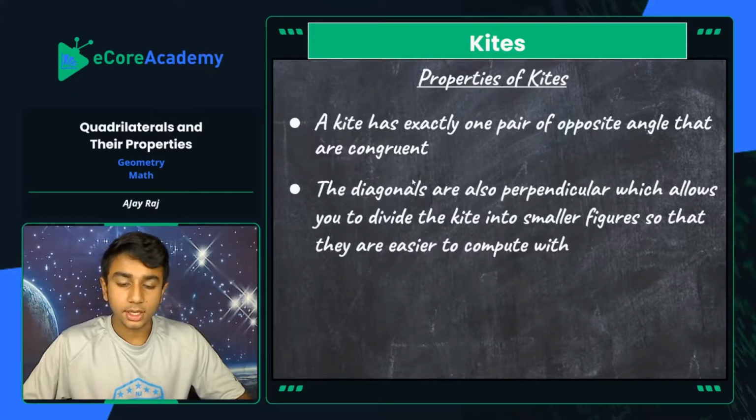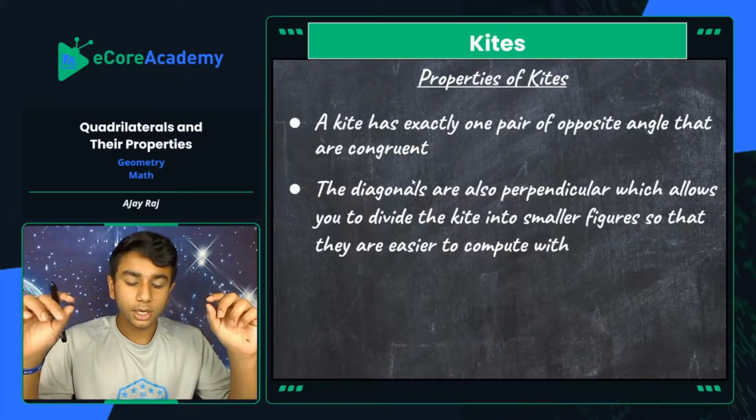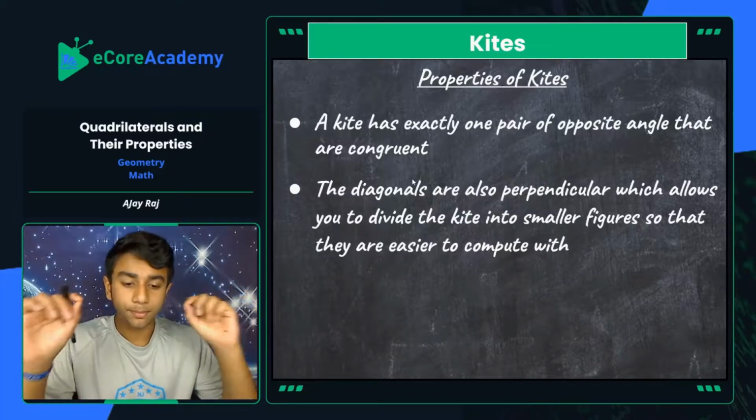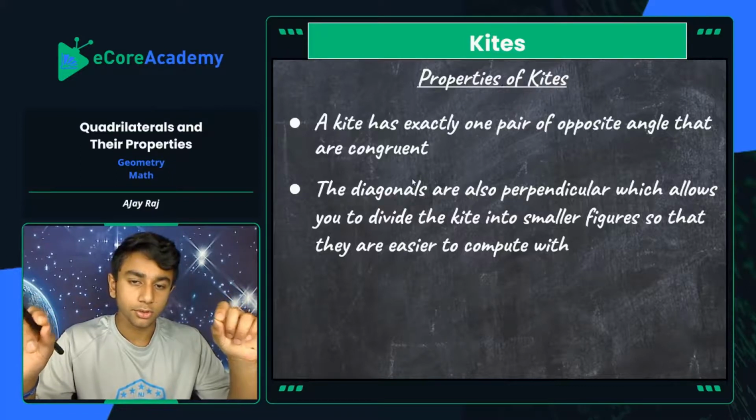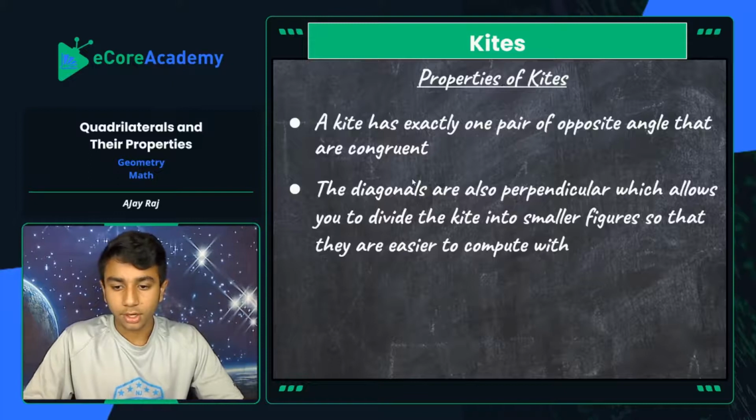Like I said, a diagonal of any figure is what connects opposite vertices of that figure. So in a kite, you're just going to be connecting the two points that are directly across from each other in order to form the diagonals of your kite.